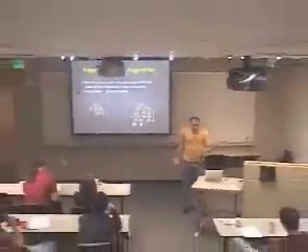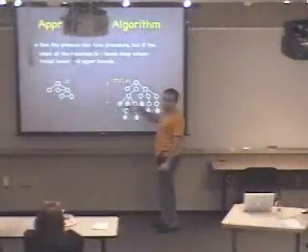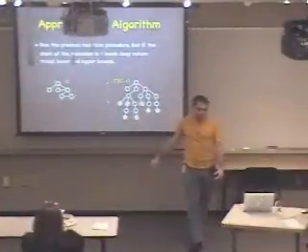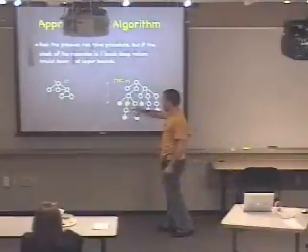Now, what this means is that saying the lower bound is 0 is the same as calculating it with this side being unoccupied. And taking the upper bound to be 1 is the same as calculating it with this side being occupied.